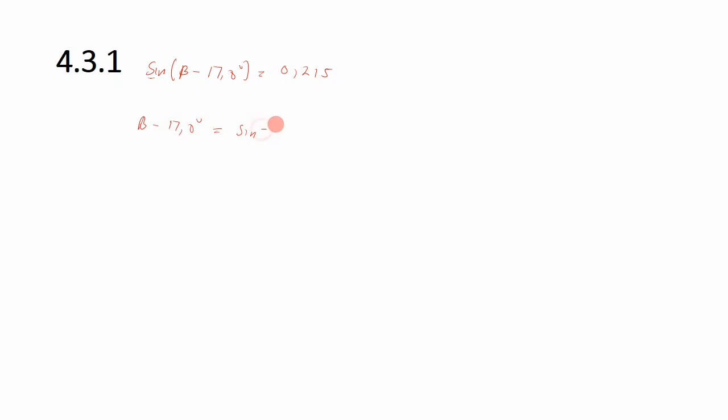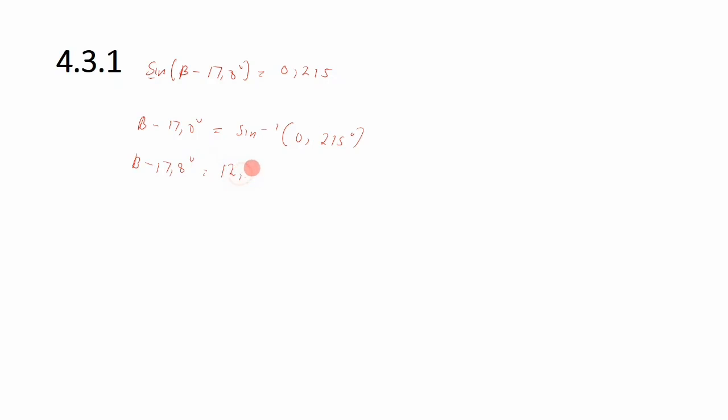So this is sine arc, and then this is 0.215. So inverse of sine 0.215. Then this is B minus 17.8 degrees. And then if you punch all this in your calculator, because remember when it says round off to 2 decimal places, that means you can now use a calculator.